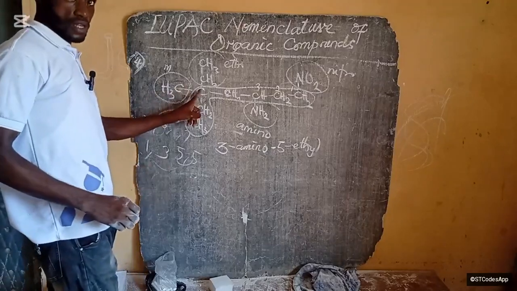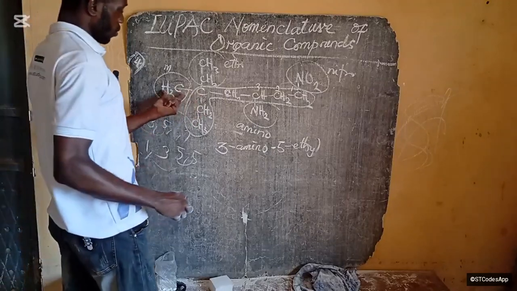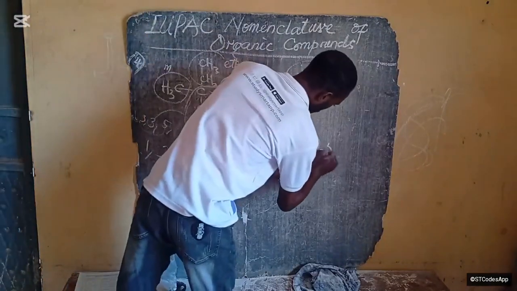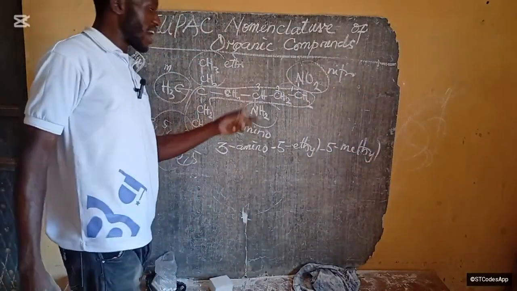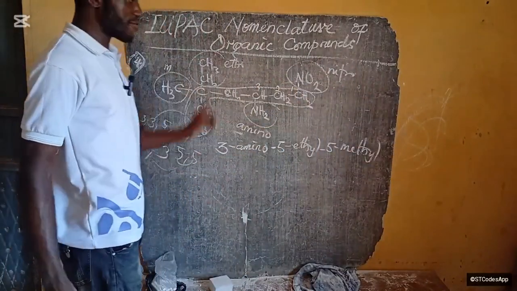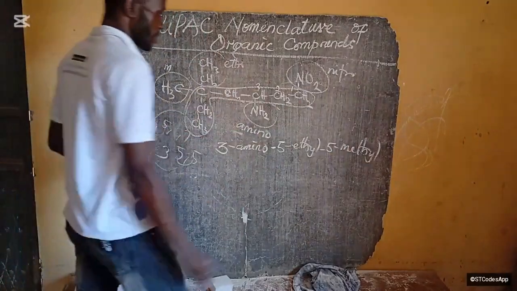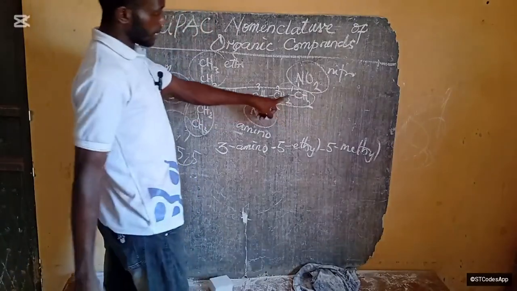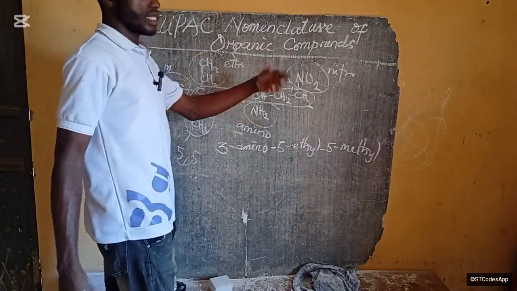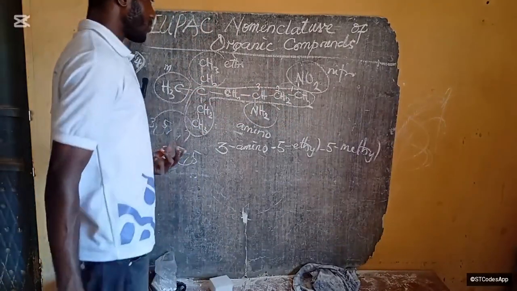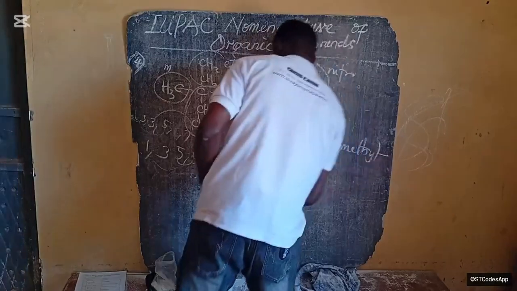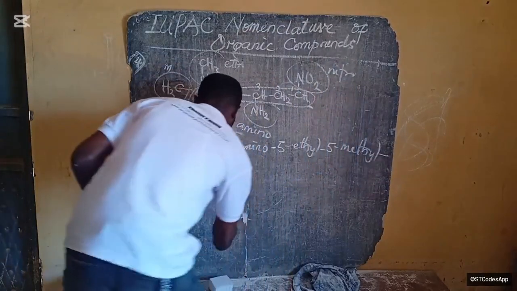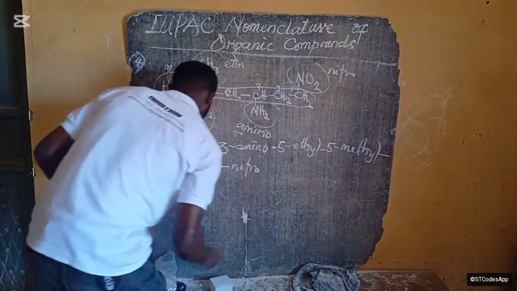On carbon 5, still on carbon 5, we have methyl. So 5-methyl. And we can't write them together. We cannot write 5-methylethyl. They are different groups, so they have to be written separately. Then on carbon 1 is nitro. So you could write 1-nitro.